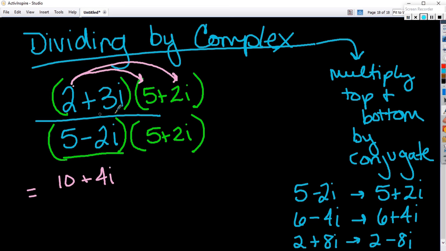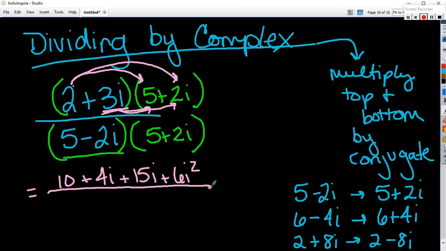All right, now the 3i times 5. Now 3i times 2i. Also, exactly. And we're going to go through and change all that in just a second. I'm going to go ahead and FOIL the top and the bottom first, then I'll go through and simplify.